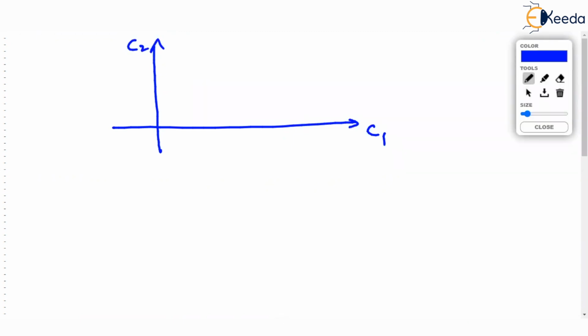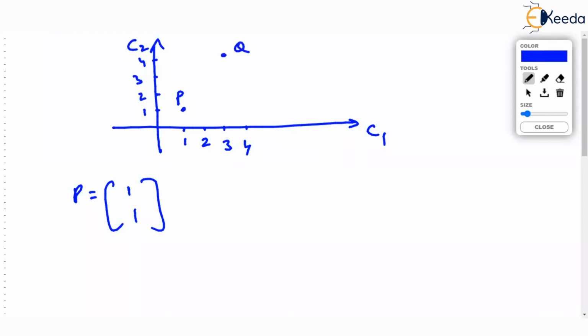Just to get satisfied with this, let's say this is C1 and C2, and we have got a point. Say this is 1, 2, 3, 4, and here we have got 1, 2, 3, 4, and we have got a point 1, 1 here. This is P. P is 1, 1, and Q, let's say, is 3, 4.